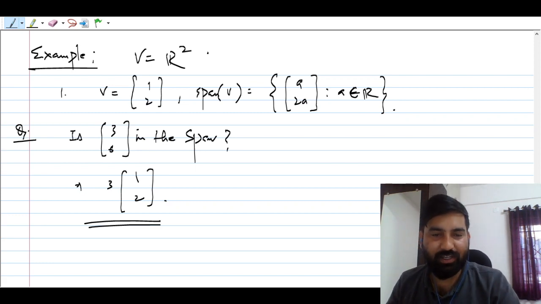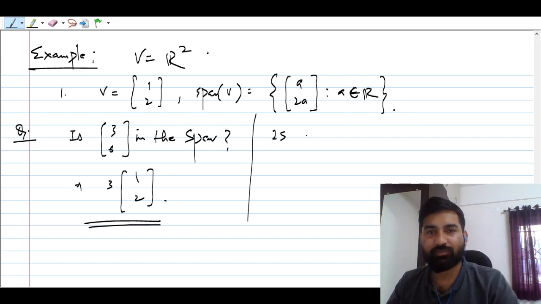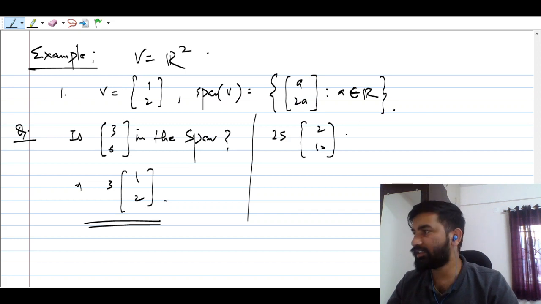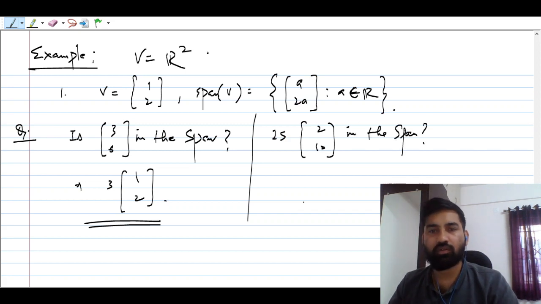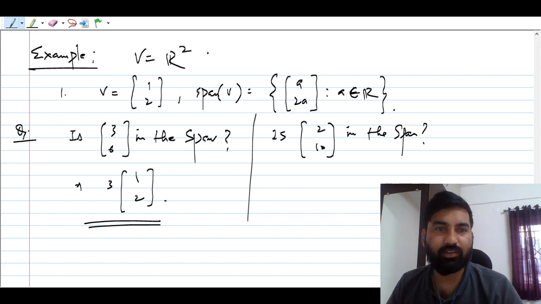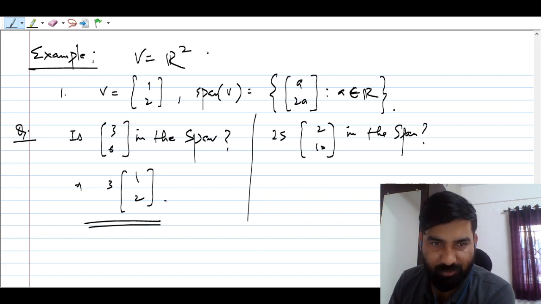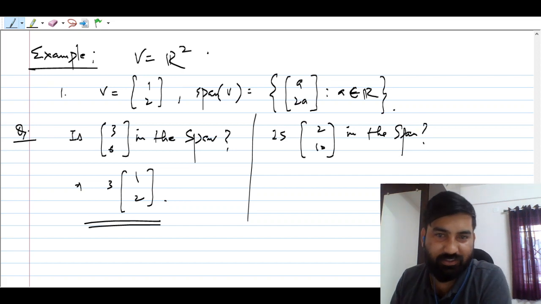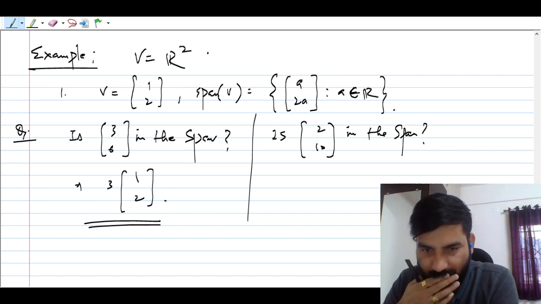लेकिन अगर कोई पूछता है कि, ये पहला क्वेश्चन है, is vector 2 10 in the span? Tell me. अच्छा and Shivam, please tell me 2 10 is in the span of this V. बताओ.